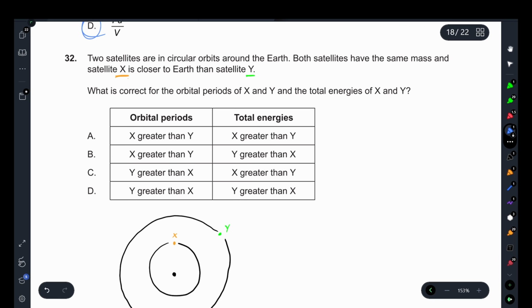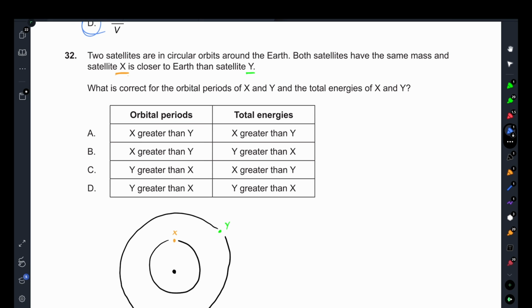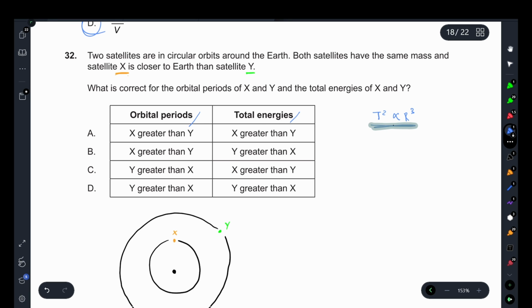So we are asked a few things. First of all, the orbital periods, and second, the total energies. Let's start with orbital periods. Kepler's law states that T squared is proportional to r cubed. Now there's a whole formula behind this, but this relationship is the most important. You may be asked to derive the entire equation, but for now we'll just use this relationship.